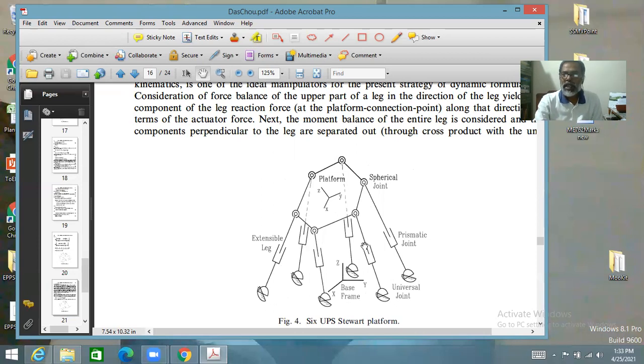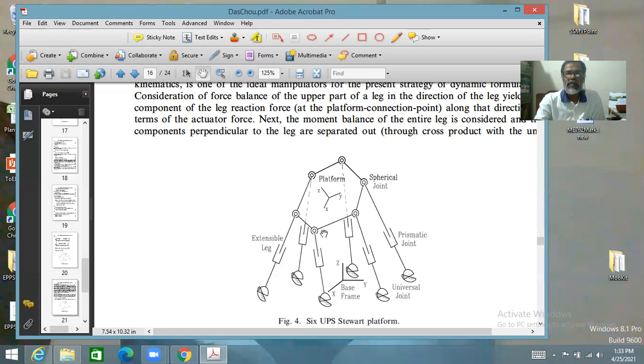When I say parallel, that means these legs are parallel, but not in the geometric sense, rather in the circuit connection sense. The way you connect the platform to the base through alternative connections rather than through a single connection in series. So these are not parallel in the geometric sense, but in the connection sense. Okay. Now the platform is connected to the base, the fixed base, through 6 legs.